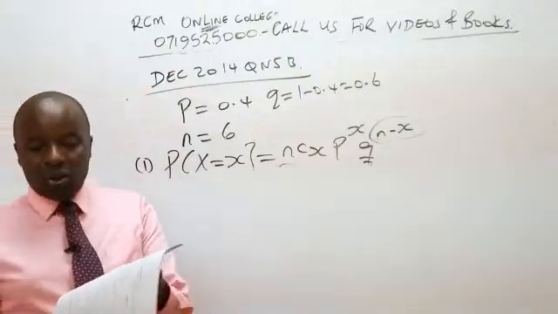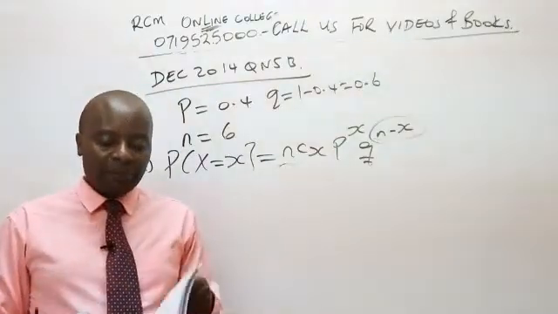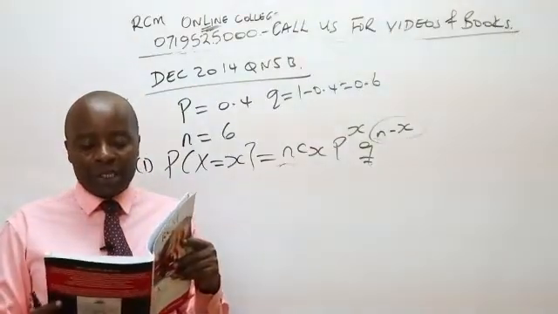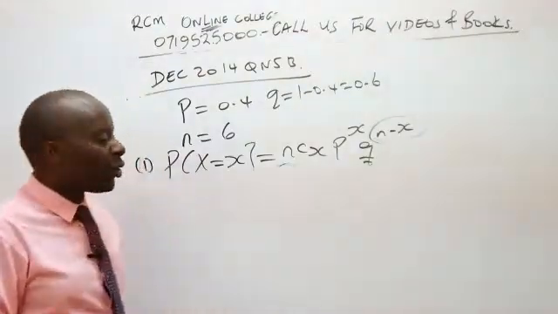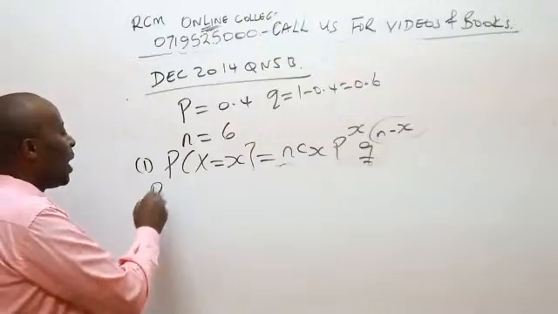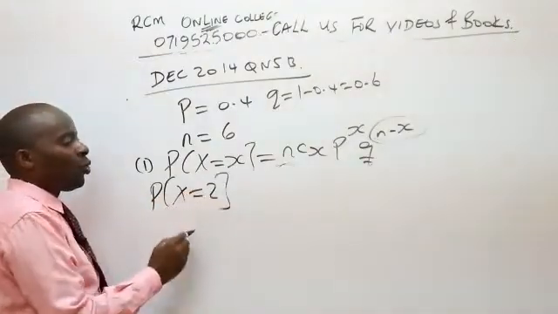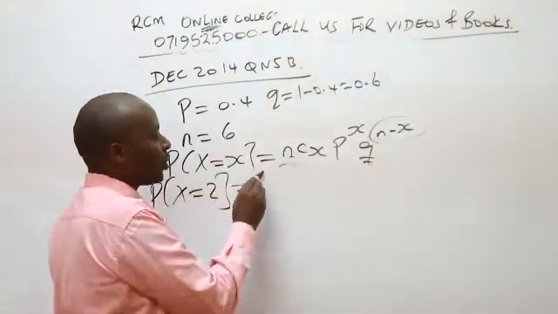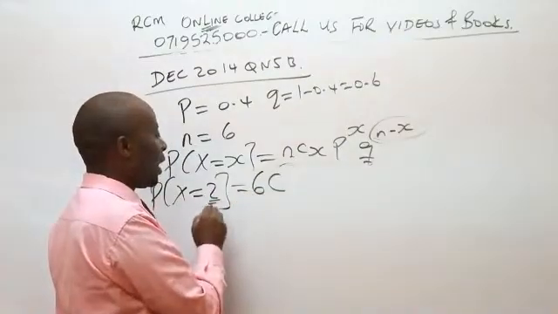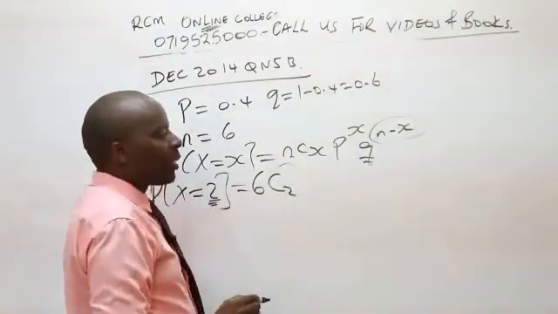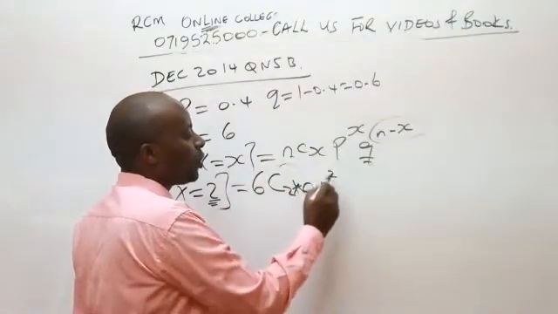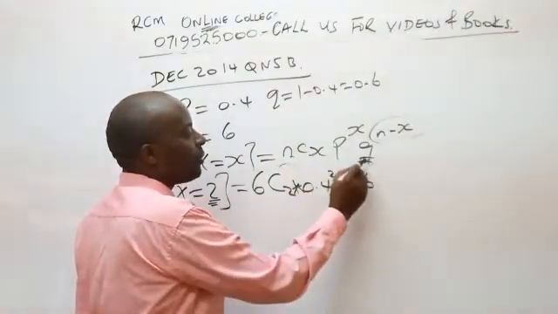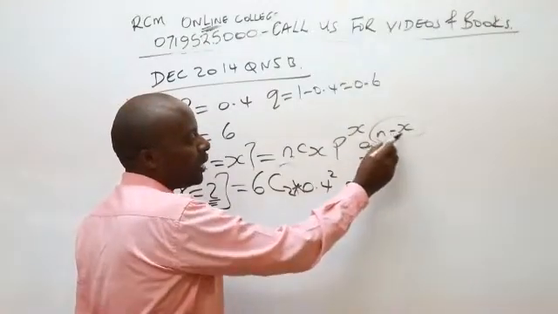We go to the second question, still under December 2014. Exactly 2 households were affected. So probability of X being equal to 2. N still stands, 6 combinations X, where X is 2. P, which is 0.4, raised to X, which is 2, times 0.6, which is my Q, raised to the balancing power.